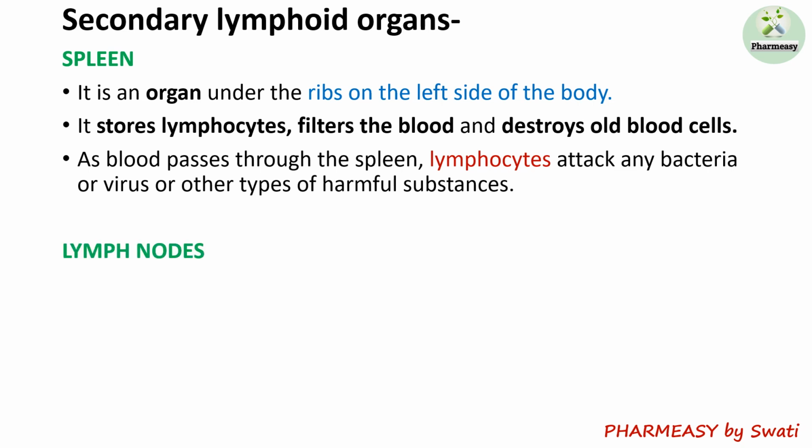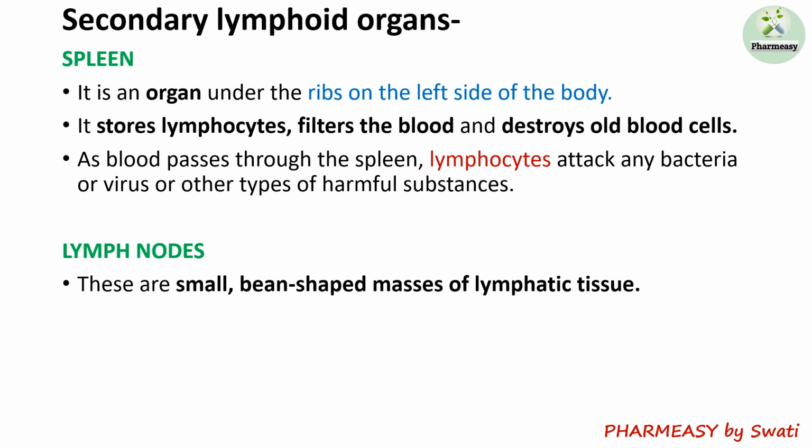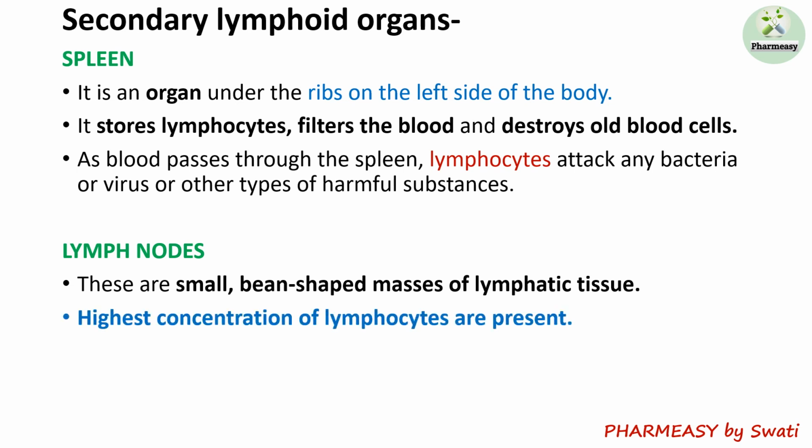Lymph nodes. These are small, bean-shaped masses of lymphatic tissue. Lymph nodes contain highest concentration of lymphocytes.